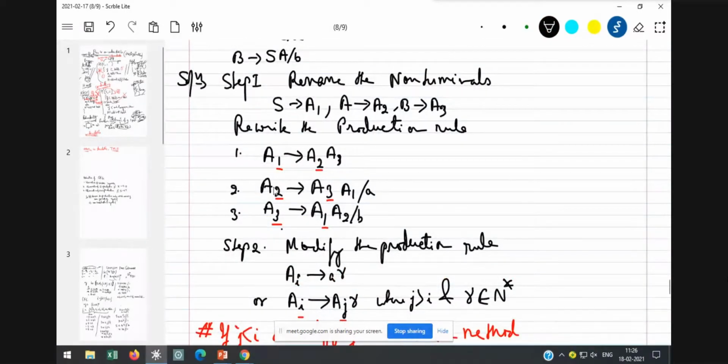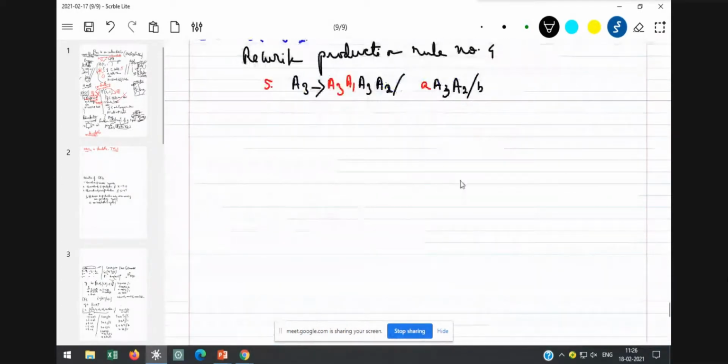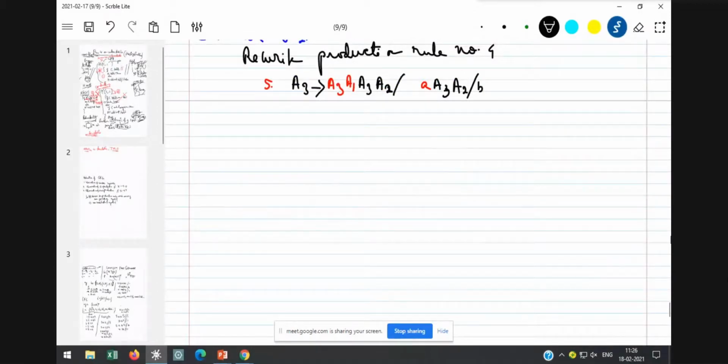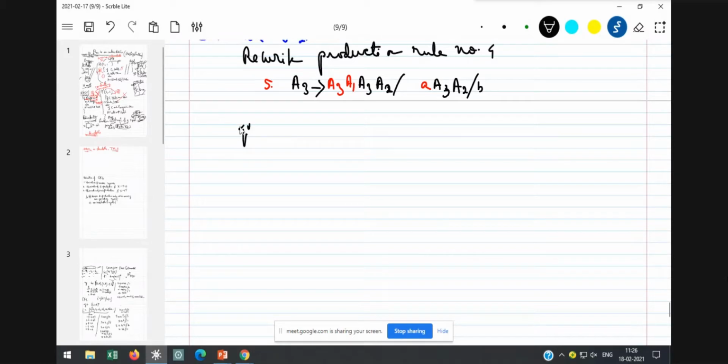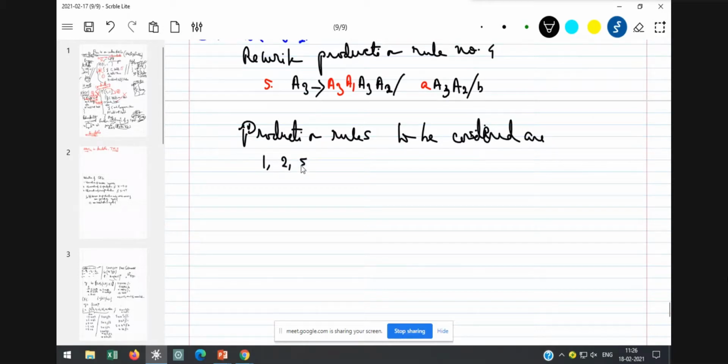Now, out of these 3 production rules, after modification or after substitution method, the rules to be considered are 1, 2, 5.